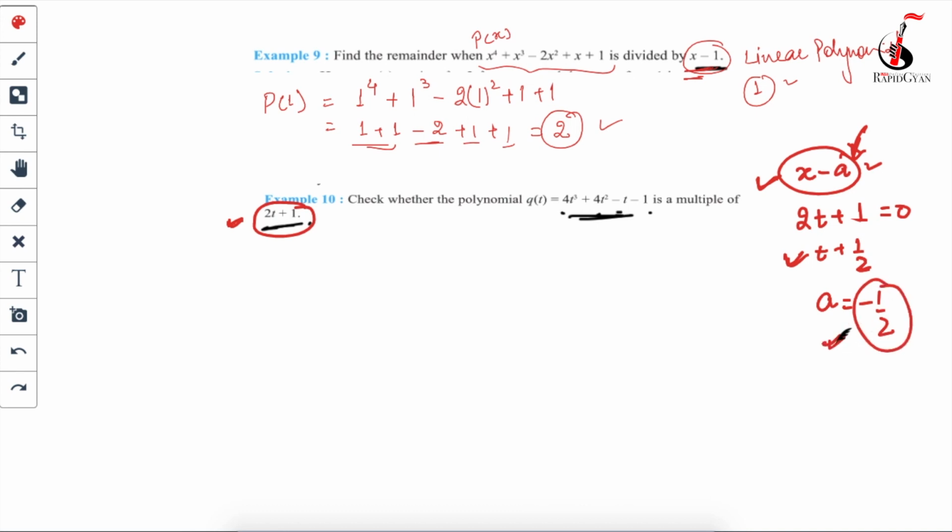Now you will have to put minus 1 by 2 in this equation, means you will have to replace the value of t with minus 1 by 2, and if your answer is equal to 0, it means this is a multiple of 2t plus 1, correct?